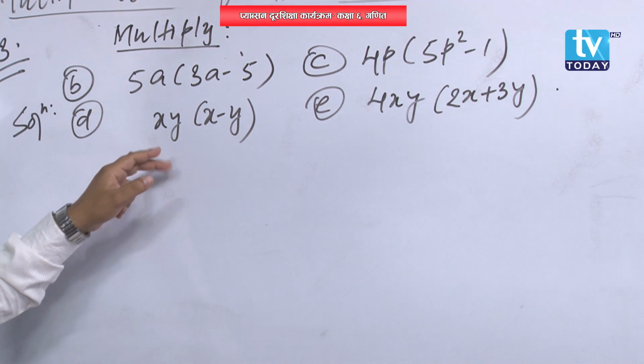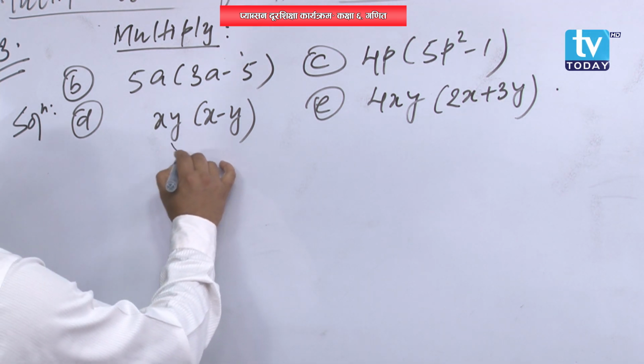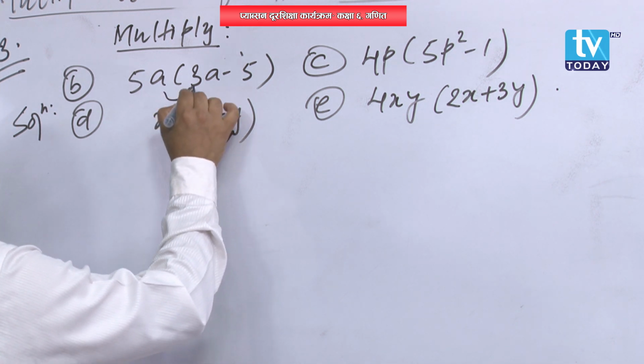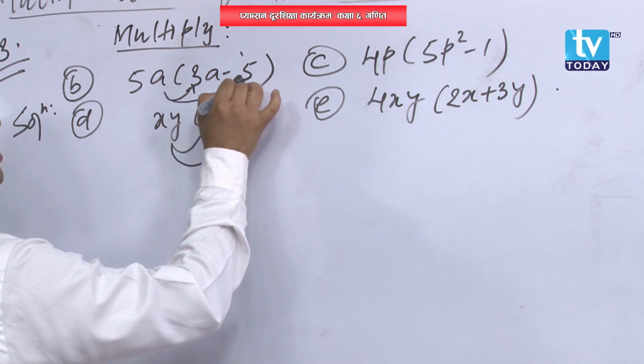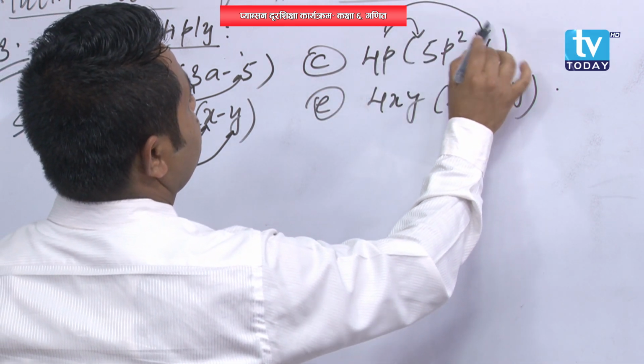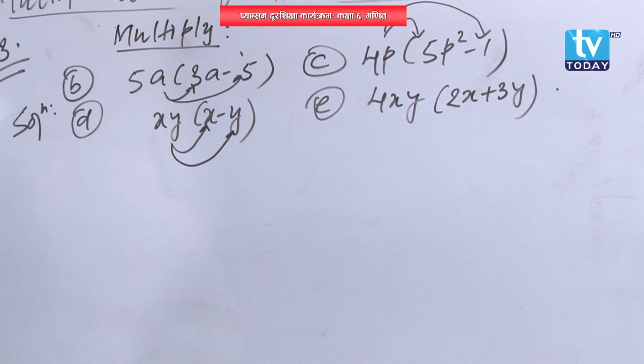In this case also first you have to multiply this and again you have to multiply this. Here also same. Understood? Can you solve this question? Okay.